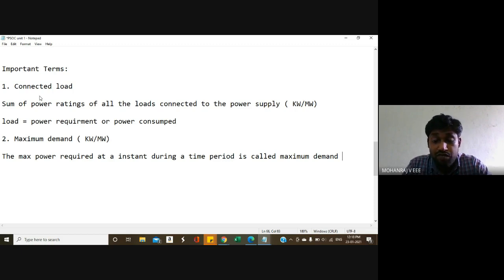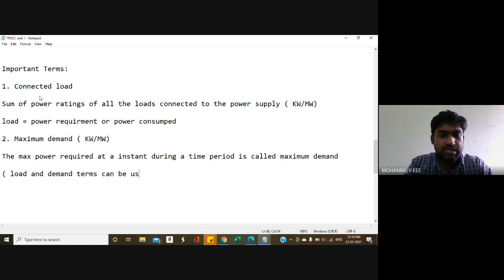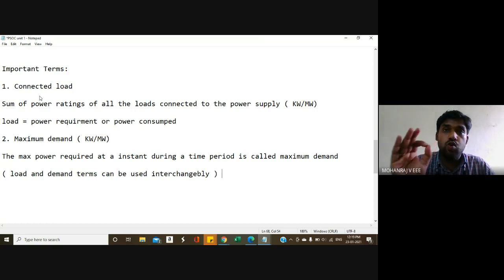Say for example, we have 24 hours in a day. Load and demand terms can be used interchangeably. Say the load requirement at 6 a.m. is some 1000 kilowatts.